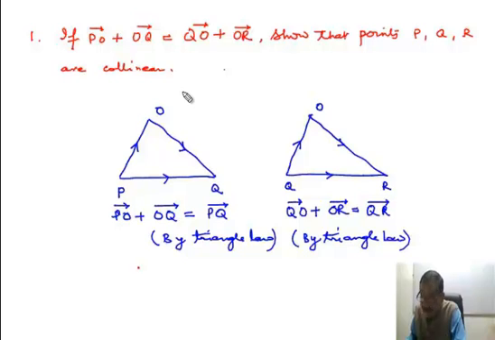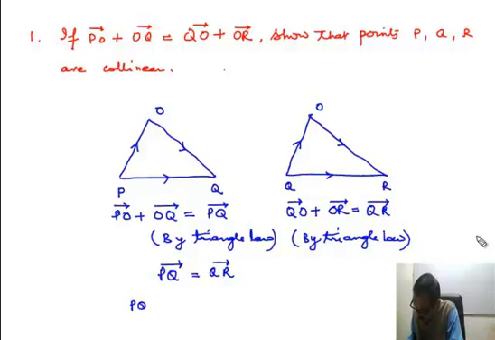Now we can say that we have been given PO vector plus OQ vector as PQ vector, and we can say that QO vector plus OR vector is QR vector. It means that PQ and QR are either parallel or collinear.